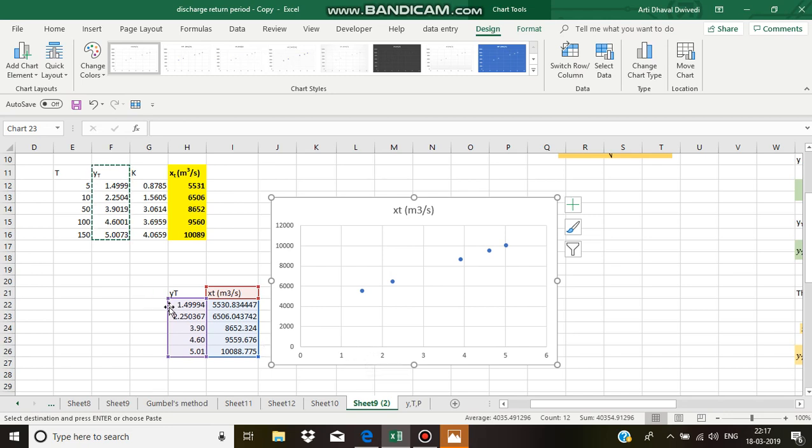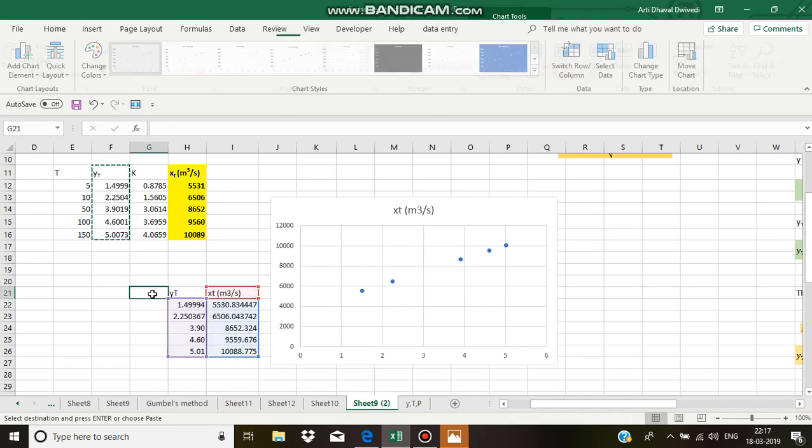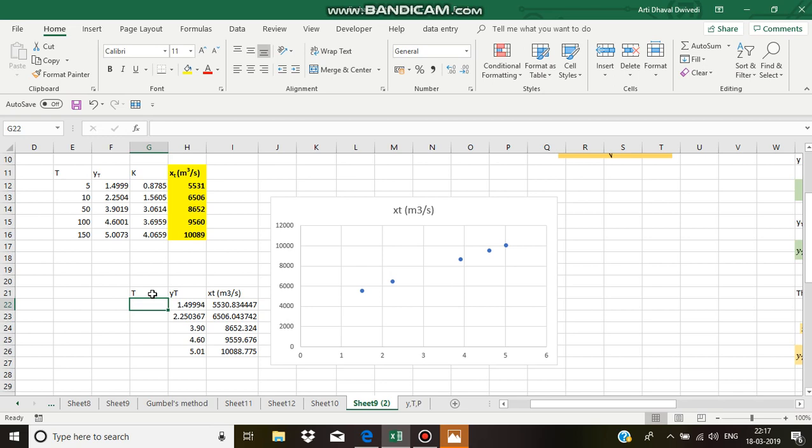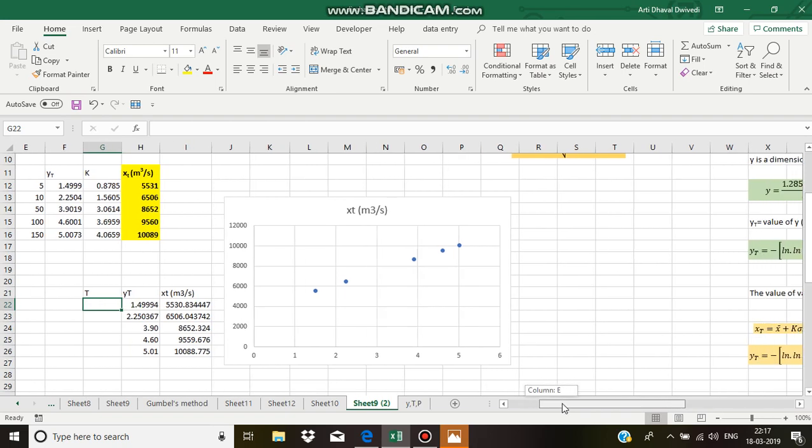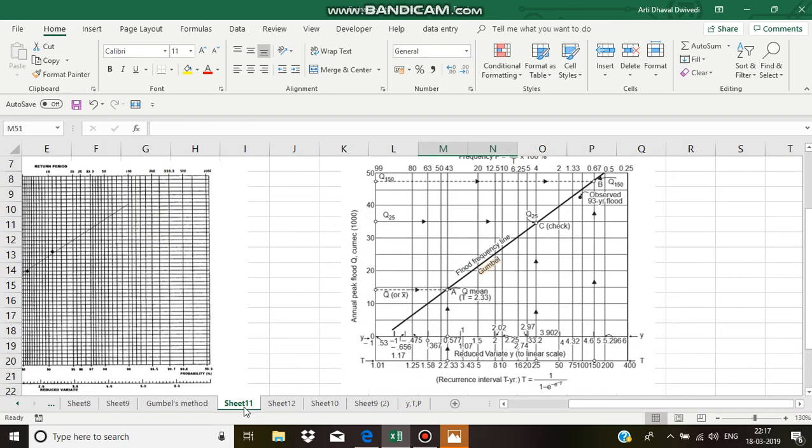And corresponding t can be obtained using this equation. T is equal to 1 divided by 1 minus e raised to minus y.